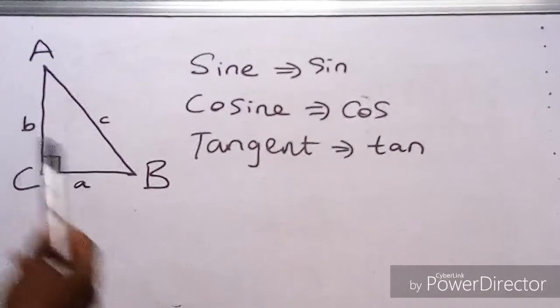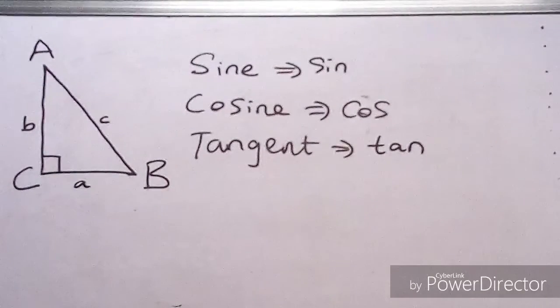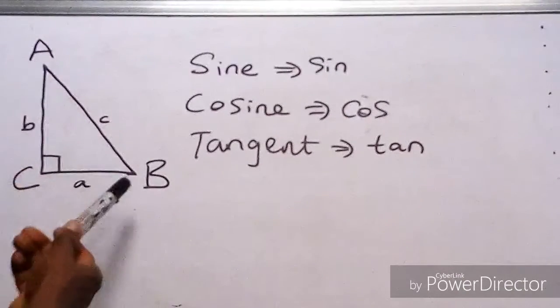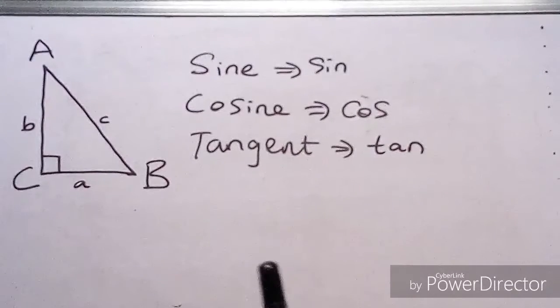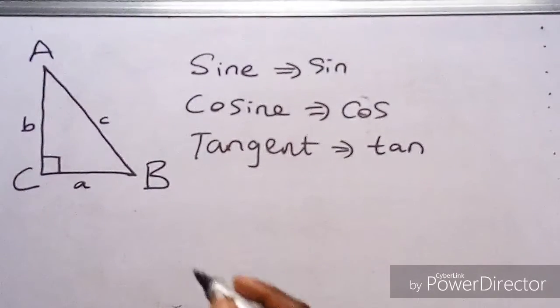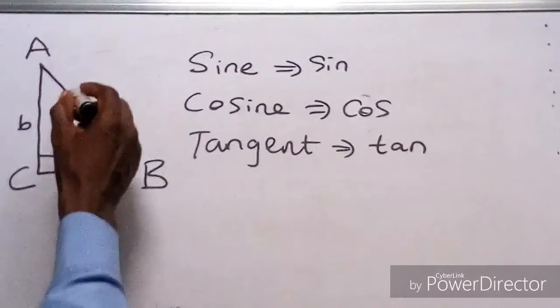And the other 2 put together give you another 90 degrees. Now, what are the names given to these sides? The side facing the angle 90, which is of course the longest side of the right triangle, is known as the hypotenuse. I will abbreviate it as HYP.